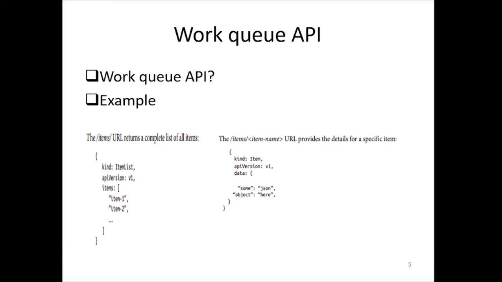Here is an example. You can see here it returns a complete list of all items, and it provides the detail of the specific item. The item details are obtained from this API, and the item.data defined is passed along to the worker interface for processing.